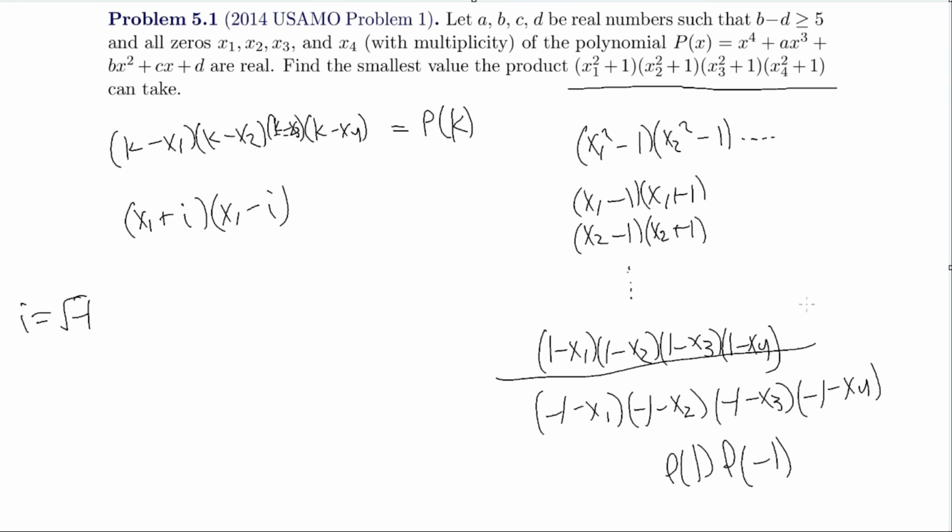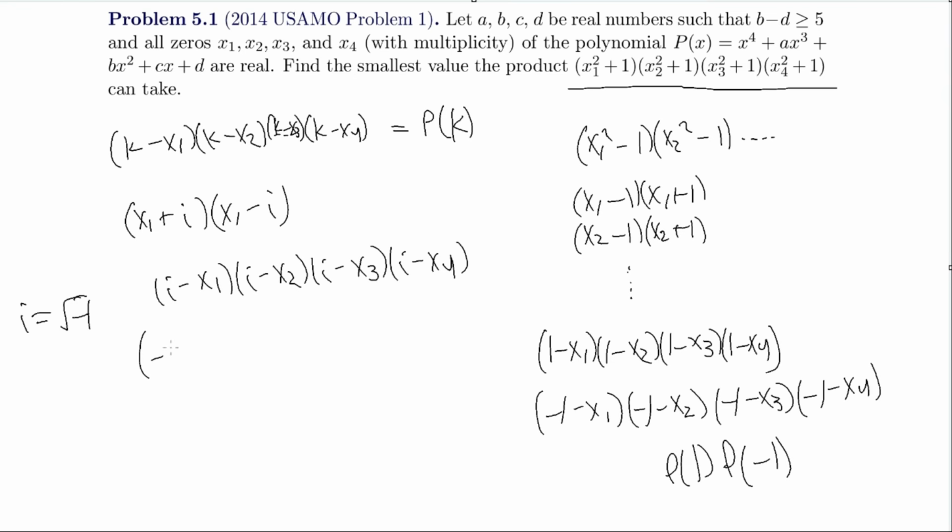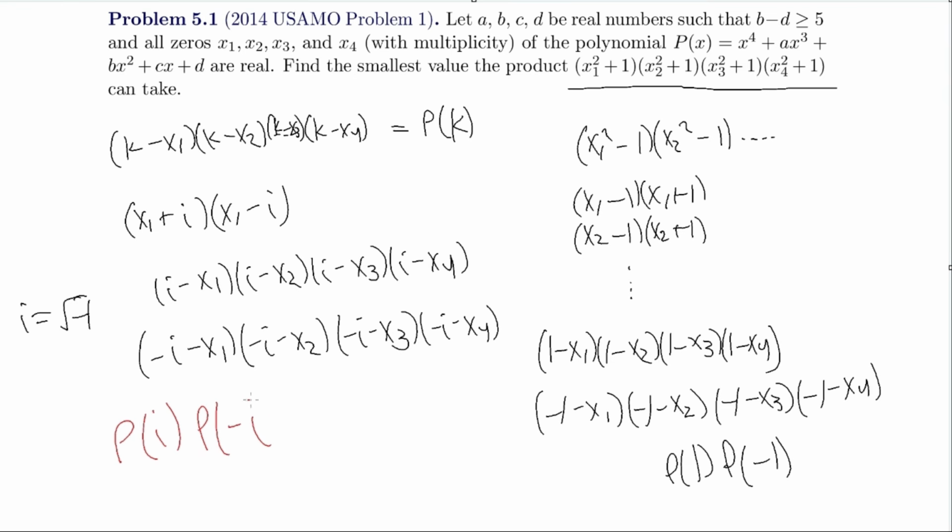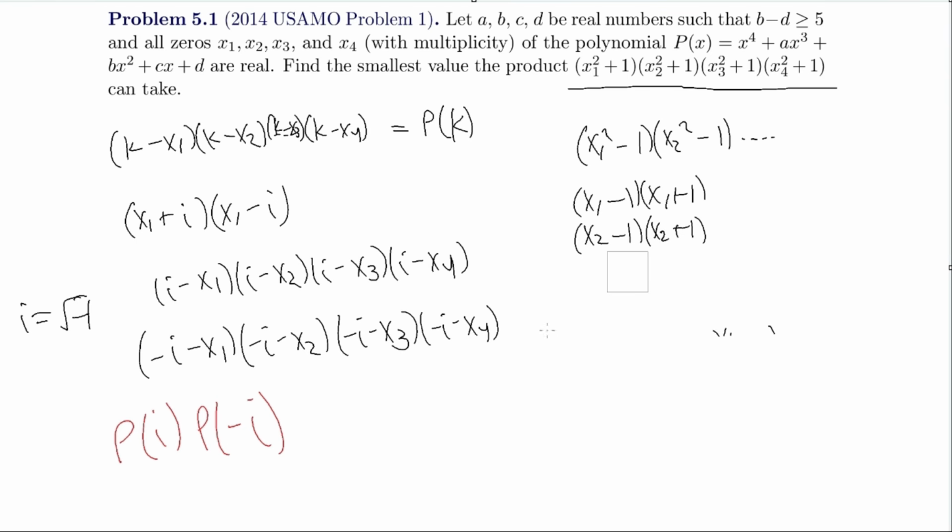Then if we repeat this entire process over here, we end up getting i minus x1, i minus x2, i minus x3, i minus x4, and then negative i minus x1, negative i minus x2, negative i minus x3, negative i minus x4. And therefore, the product we want to find is actually equal to p of i times p of negative i. Now we need to find out what p of i is in the first place.